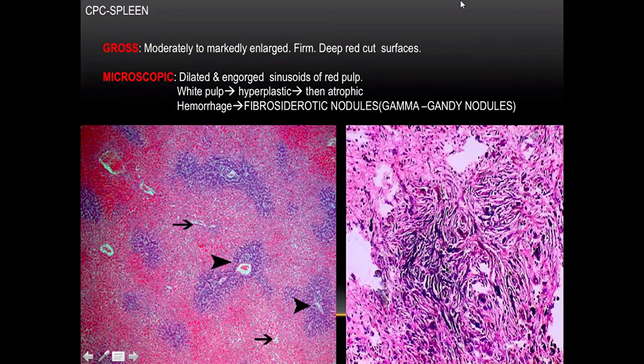So these brown or blue areas are called the Gamna-Gandy nodules. No? This is seen in the spleen due to chronic passive congestion.